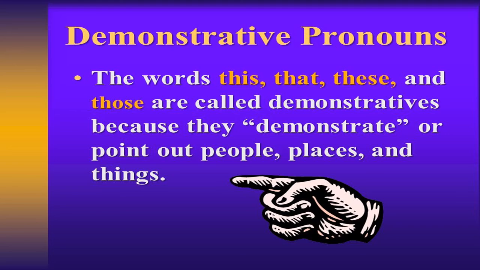For example, these are very expensive, how much are those? This is my brother. That is my sister. So here in these sentences, the words these, those, this, that are used to point out people or things that are near or far from me. Understood?